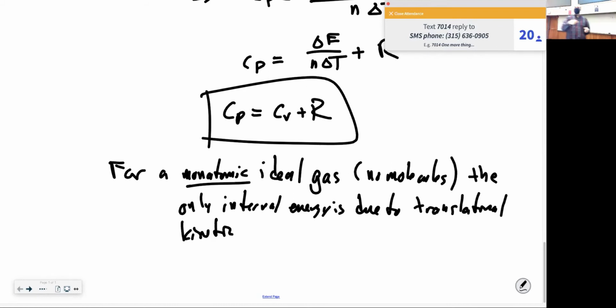In other words, if you add energy to a system, the only place for that to go is into making your molecules or your atoms move faster. It turns out if you have molecules, some of that energy can go into making them vibrate more or spin more, or there are other interesting degrees of freedom that come about when you have molecular systems, where some of that energy can go into that as opposed to just moving them around the gas faster.